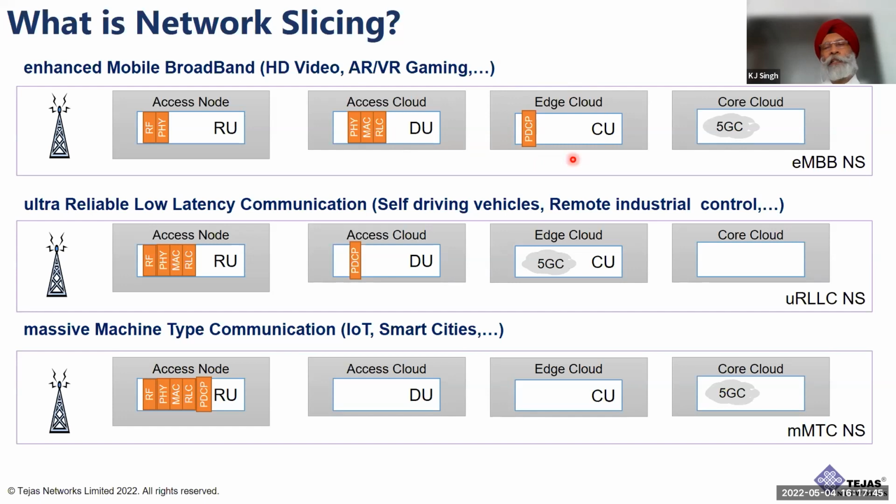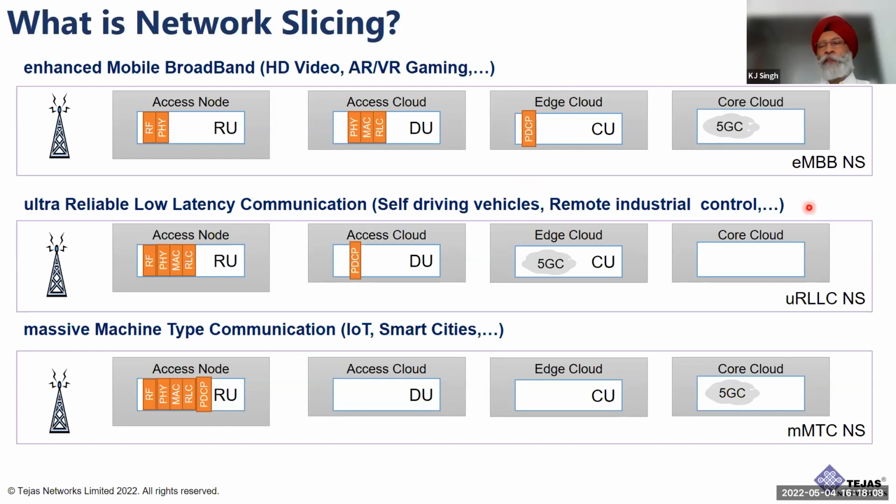And some of the other functionality before we get to IP happens in the edge, right? So this is essentially thinking of providing you higher bandwidth with HD video and augmented reality, virtual reality type of gaming. This is one use case which is very human-centric.